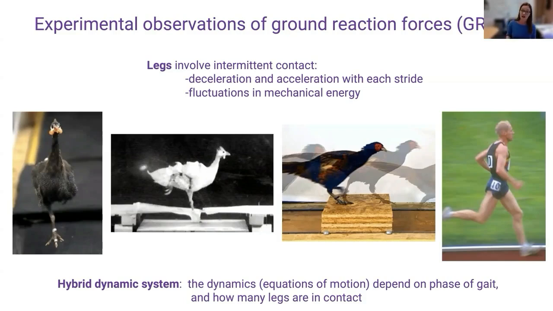And then you have an aerial phase or a flight phase in running, where the body is just falling with the only force being gravity, right? So it's just ballistic falling. So the dynamics of the system depend on whether there's 0, 1, or more legs in contact with the ground. And the mass spring models can help us understand how the ground reaction force patterns differ depending on the timing of ground contact and the duration of the swing or the aerial phase and the stance phases.